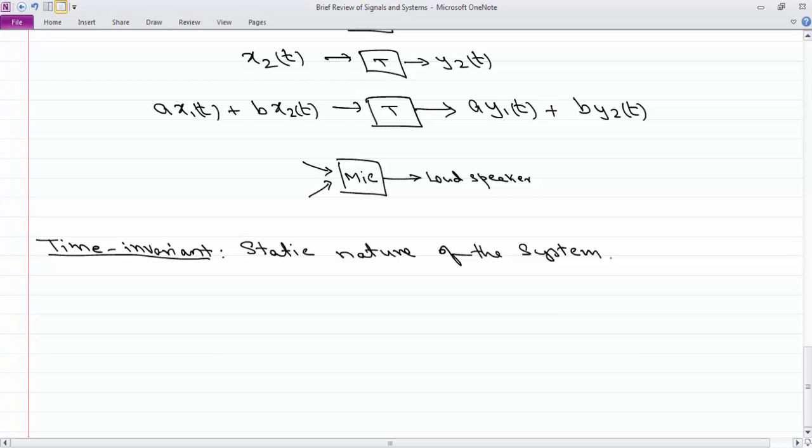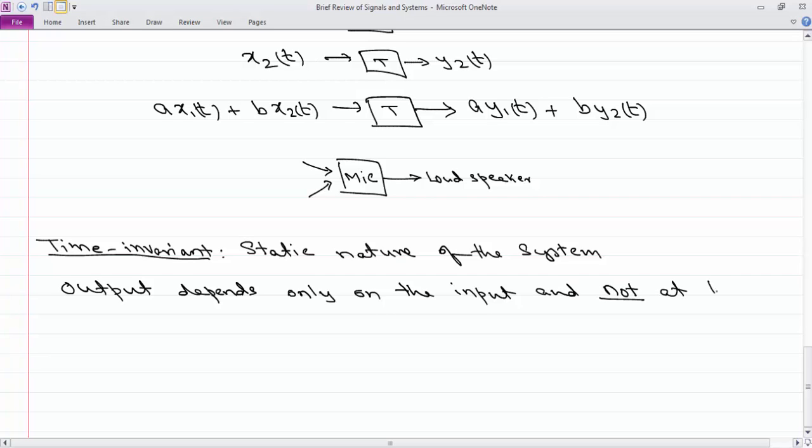Okay? That's the intuitive meaning of a time invariant system. So what it means is that the output depends only on the input and not on the time at which it is applied.